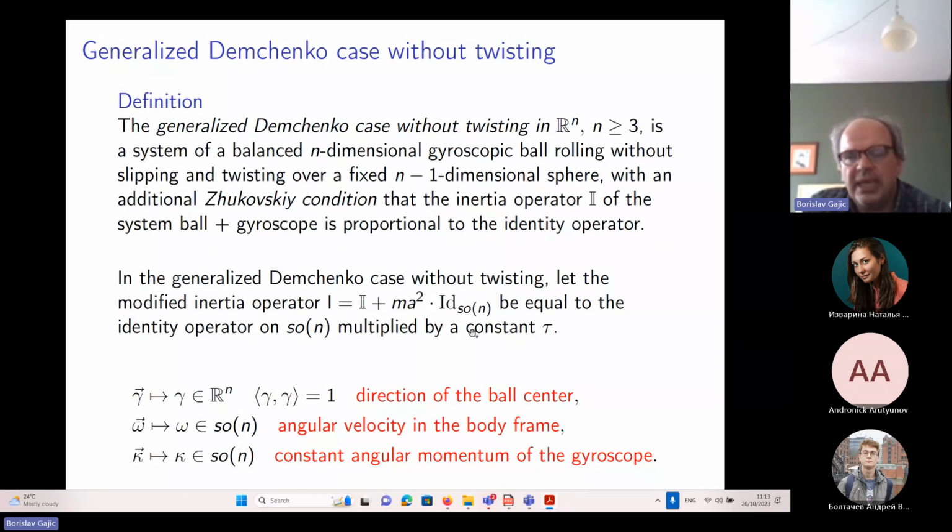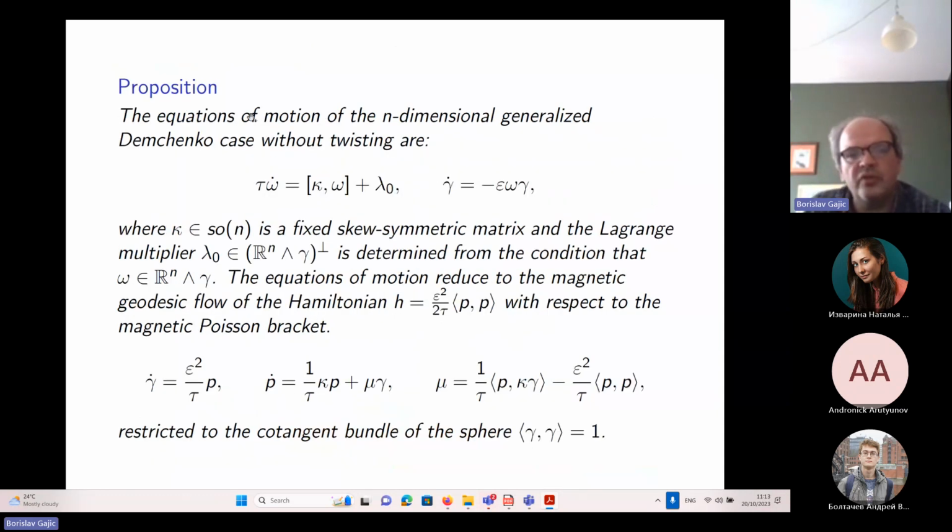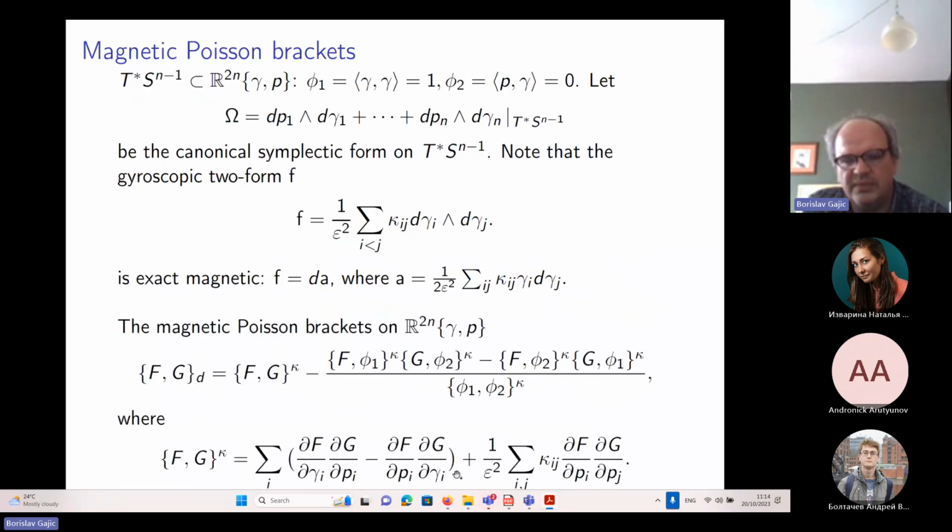In this case, the equations of motion can be reduced to the cotangent bundle of the sphere given by gamma squared equal to 1, and the equations are the magnetic geodesic flow of this Hamiltonian with respect to the magnetic Poisson bracket given by these formulas.